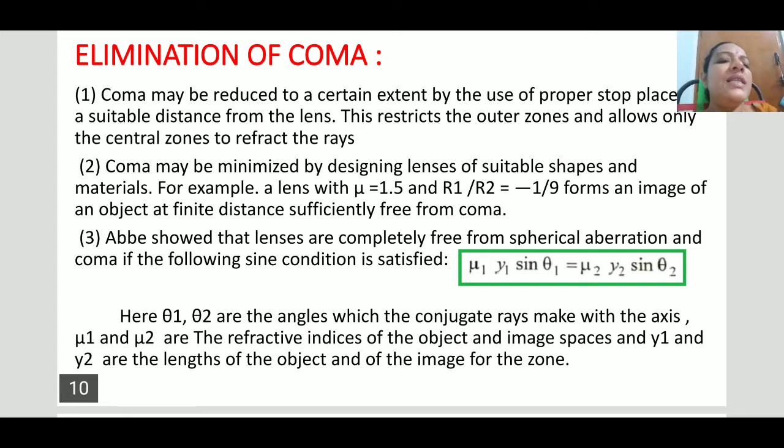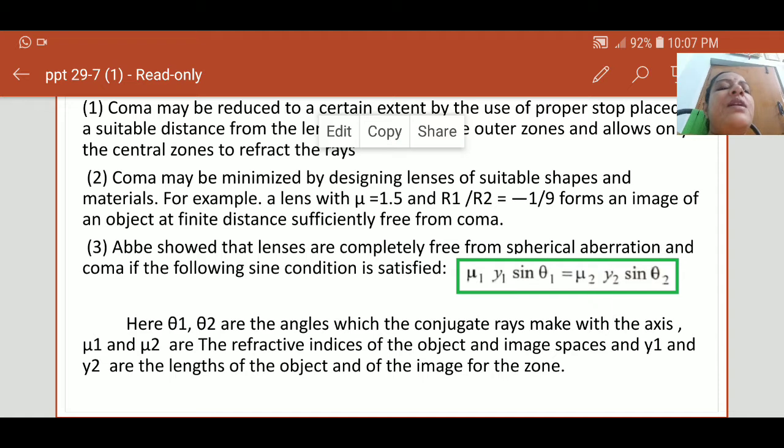Next, this coma can be minimized by using a crossed lens, which depends upon the radii of curvature of the lens. If R1 by R2 is equal to minus 1 by 9, then the coma can be removed.